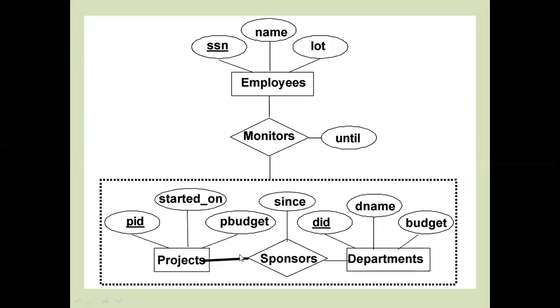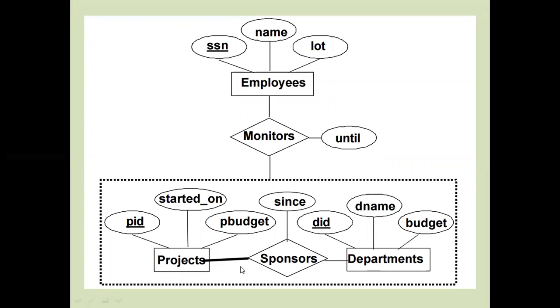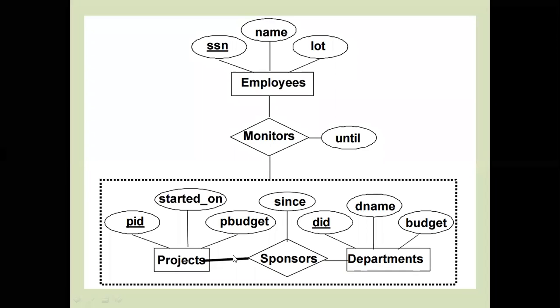Another thing: departments sponsor the projects, that means conducting the projects. Whether these projects are properly sponsored by the departments or not will be verified or monitored by another type of entity, that is nothing but employee. For example, consider students and faculty, and faculty take the classes to the students.